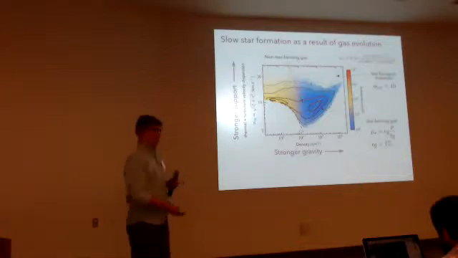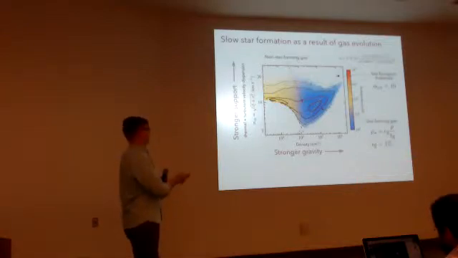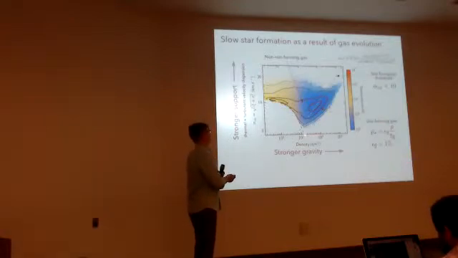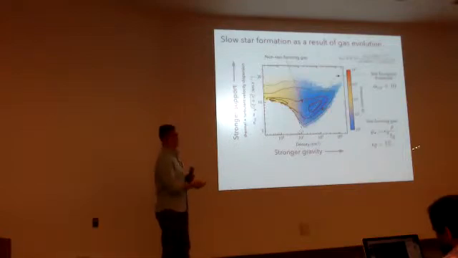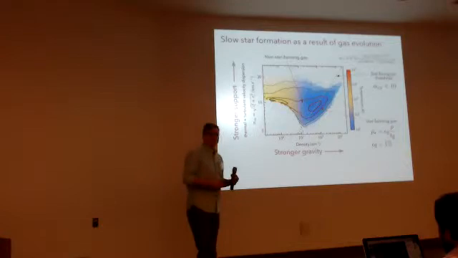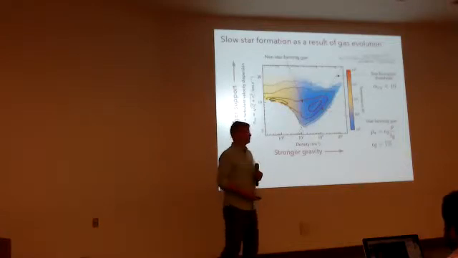So for simplicity, we assume a sharp threshold and allow gas which falls below the virial parameter of 10 to form stars at an efficiency of 1%. And now the distribution of this gas determines the global star formation rate of the galaxy.